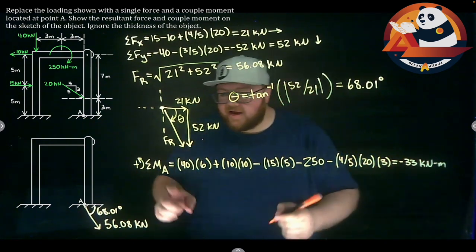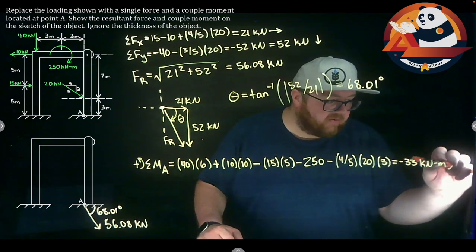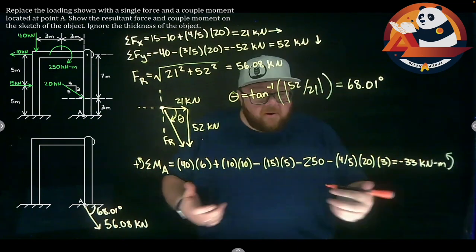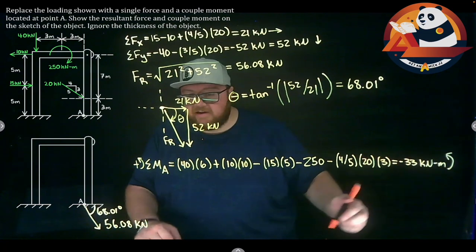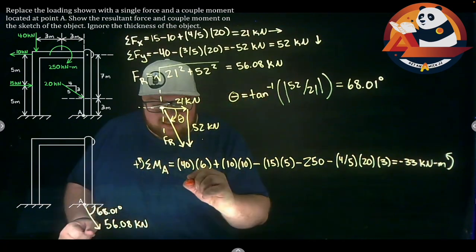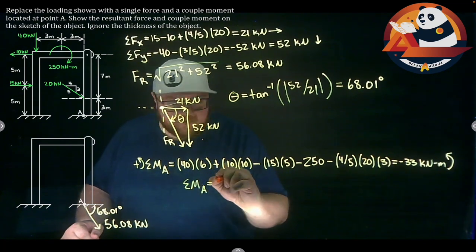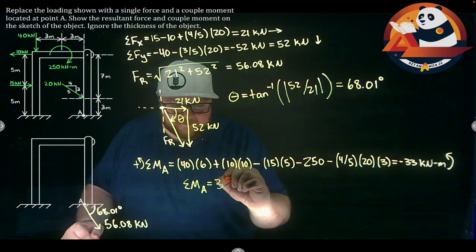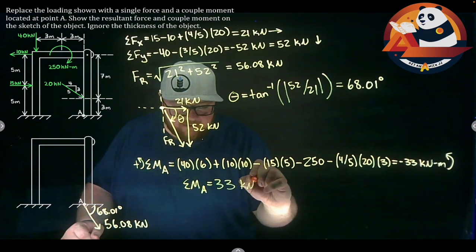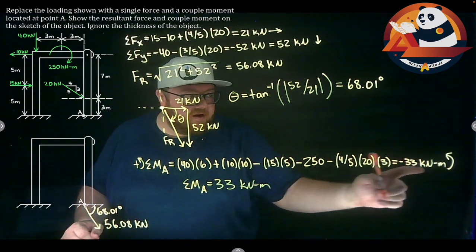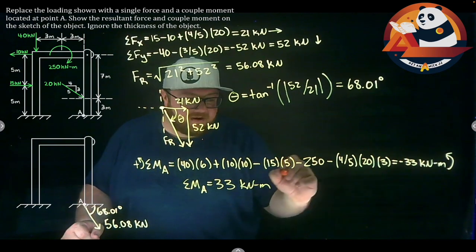That's negative when I assumed it was going counterclockwise. For moments, though, we always report as a positive and give the right direction. So really, this is saying that my total sum of my moments about A is a positive 33 kilonewton meters. And I'm dropping that negative, so I change my rotation arrow.